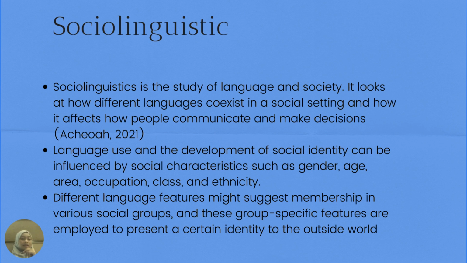Language use and the development of social identity can be influenced by social characteristics such as gender, age, area, occupation, class, and ethnicity. So the social has a big responsibility to build the emotional learning, and the emotional learning also has a big responsibility to build the social learning.